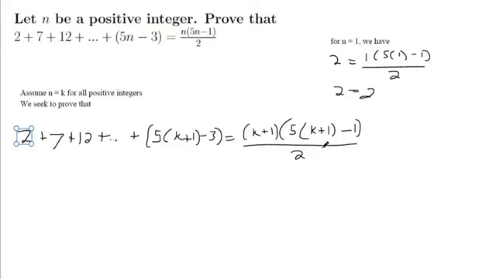Like this. Okay? Everywhere where we had an n, I replaced it with k plus 1. Because we're assuming that it works for n equals k. We assume that it works right now.